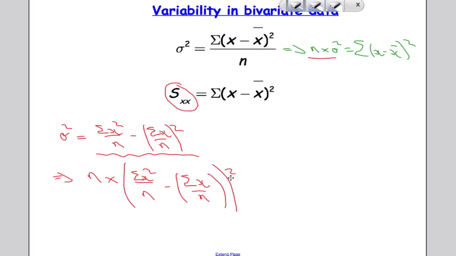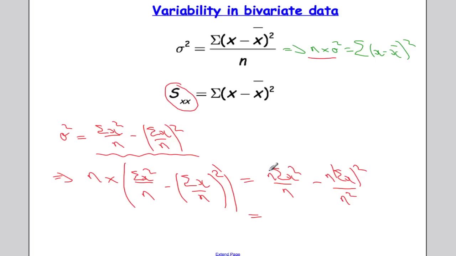There we go, and multiplying the n in, we get n times sigma x squared over n minus n times (sigma x) squared over n squared, and that can simplify because these two cancel out.